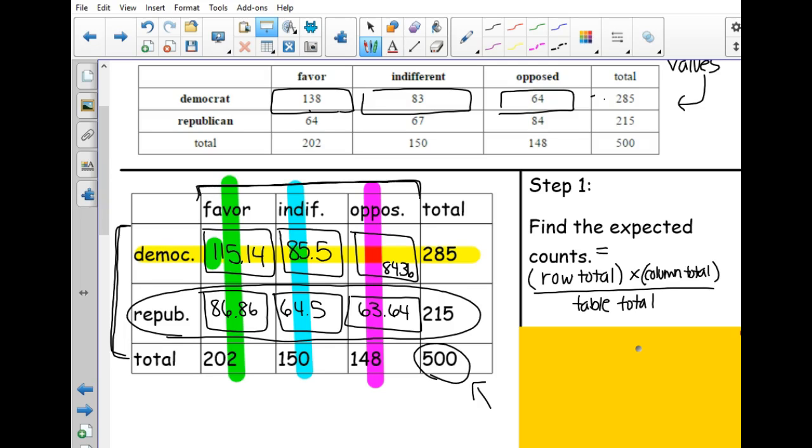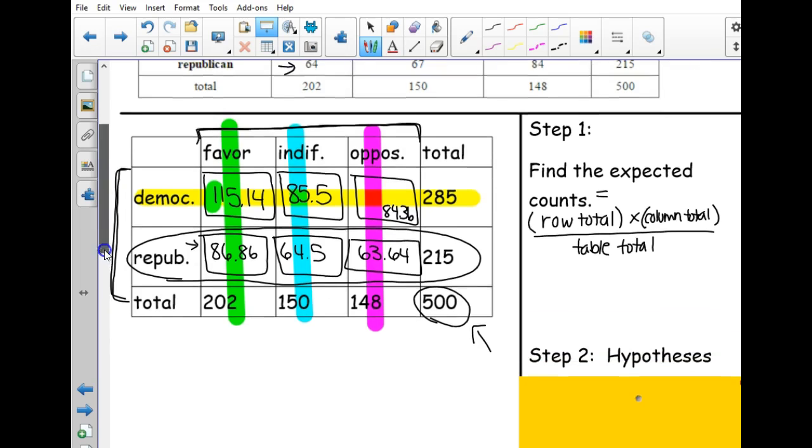And you can note that they are different than our observed values. So our observed value 138 versus 115, 64 versus 86. The question is, are they so different that we have evidence that they're not independent? So to get there, we have to go to step 2. And step 2 is our hypotheses.